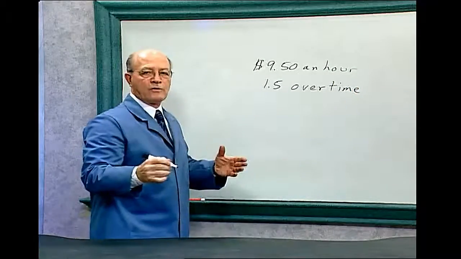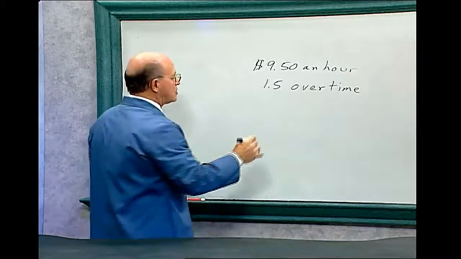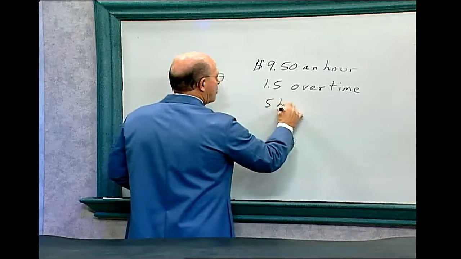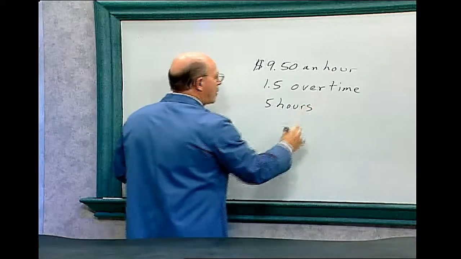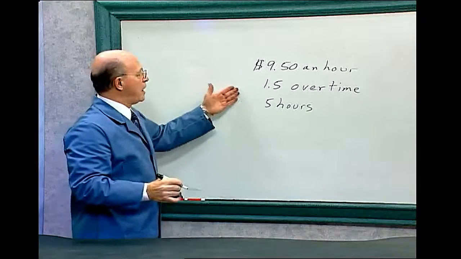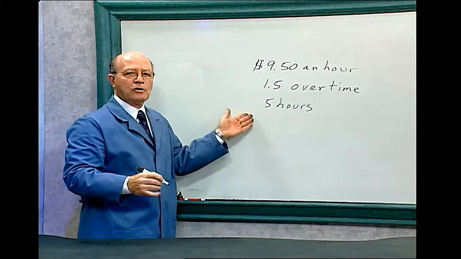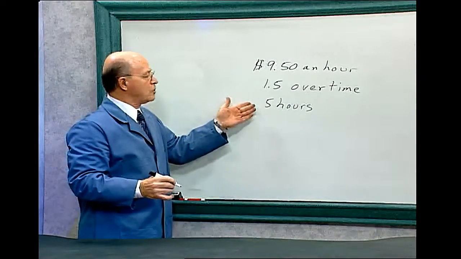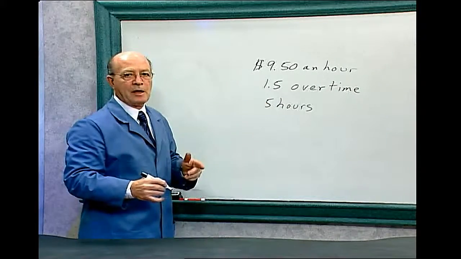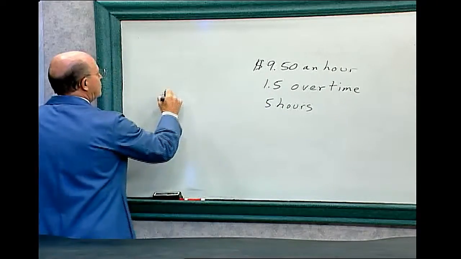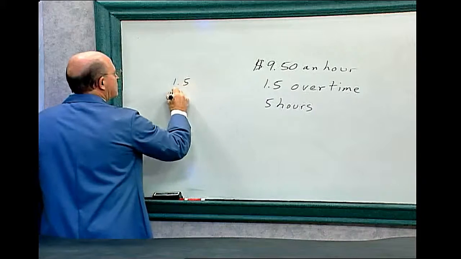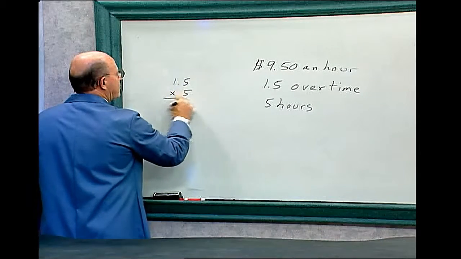And Nick worked 5 hours overtime. So we want to find out how much did Nick earn working for those 5 hours at overtime pay. So we'll do 1.5 times 5.